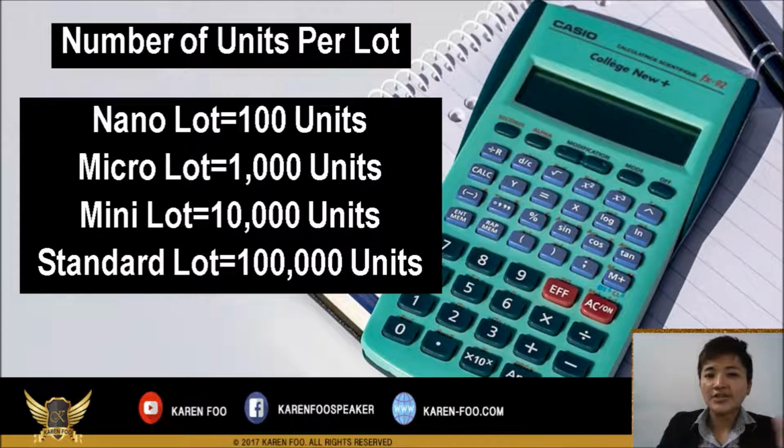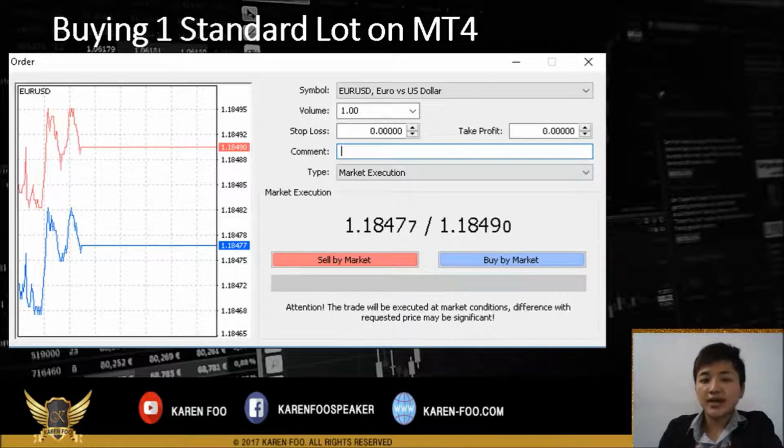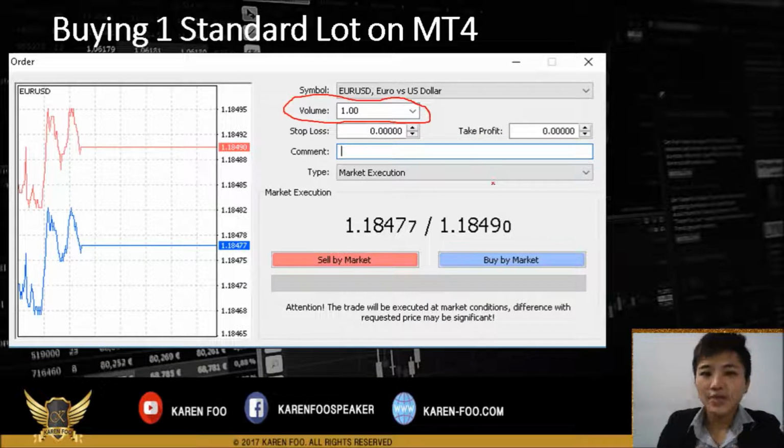Okay, so how does this apply to your MT4 platform? For example, you decide to buy one standard lot of euro dollar. You are buying 100,000 units of the base currency. Meaning that if you decide to buy one standard lot of euro dollar, you're buying 100,000 units of euro with US dollars. If you click the new order button, then you need to determine what your volume is, or in other words, what is your lot size.